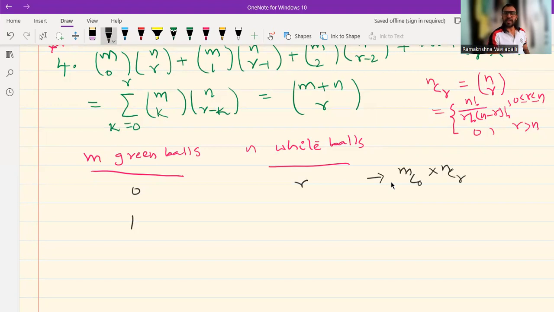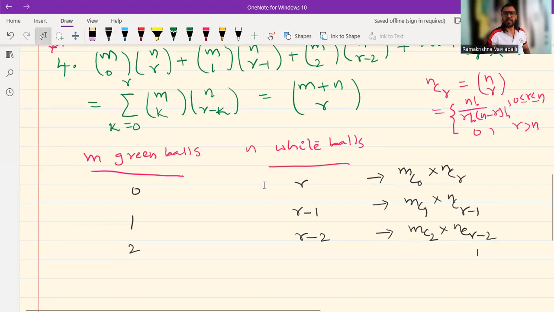And 1 green ball and r minus 1 white balls, total number is r. So it can be done in mC1 into nC(r minus 1). 2 green balls and r minus 2 white balls can be done in mC2 into nC(r minus 2).